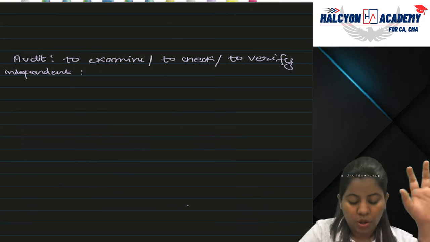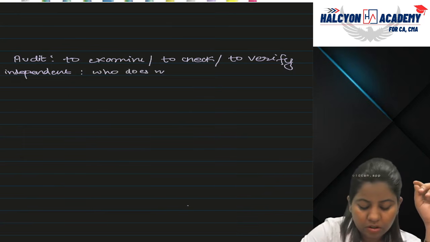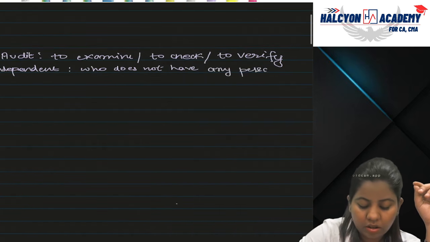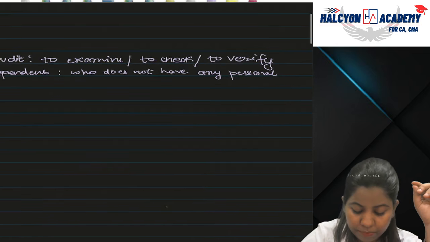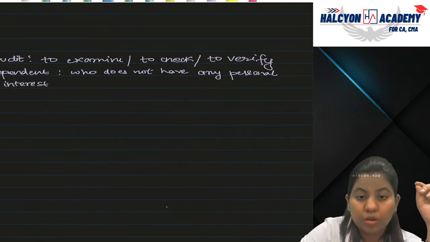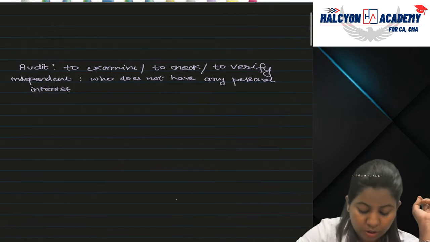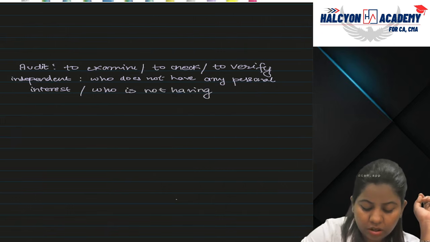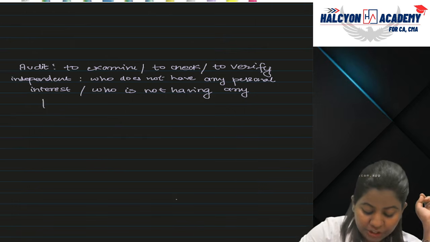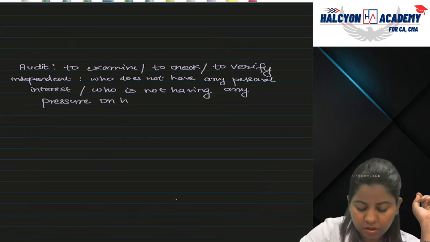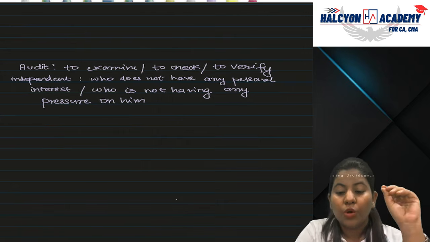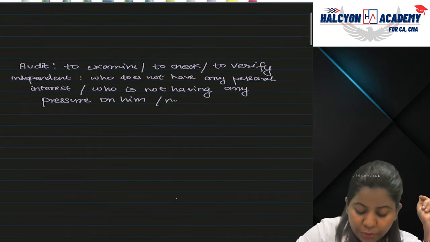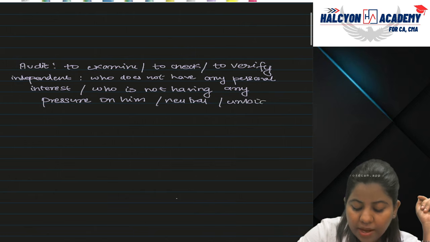Independent means someone who does not have any personal interest, who is not having any pressure on him, who does not have any personal interest in that entity in which he is auditing, who is neutral, who is unbiased.